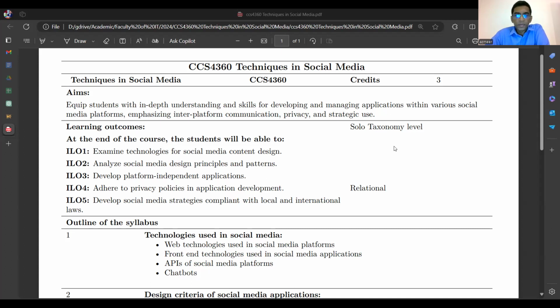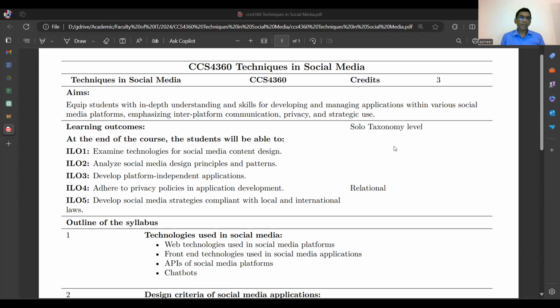So let's go through the unit outline first before we get down to the content of the unit, right? There are 5 ILOs, that is intended learning outcomes of this unit. The first one is to examine technologies for social media content design.